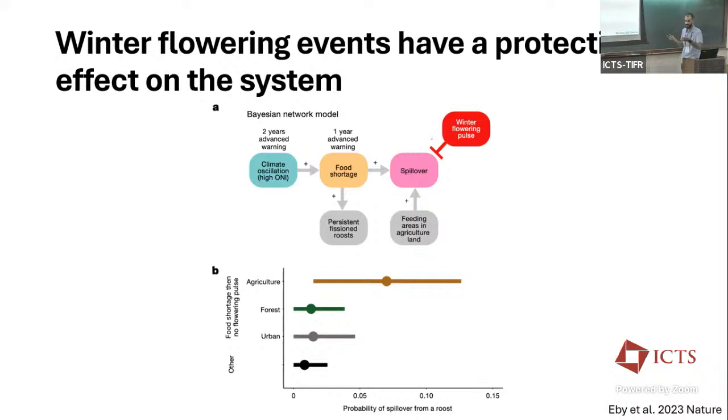So these gum trees and eucalyptus trees have these gigantic masting flowering events that produce a ton of nectar. They don't exactly know what predicts those. They happen somewhat sporadically. There's not a great climate driver, El Nino doesn't actually drive that one directly as far as we know. But when they do happen, they actually are protective against spillovers.